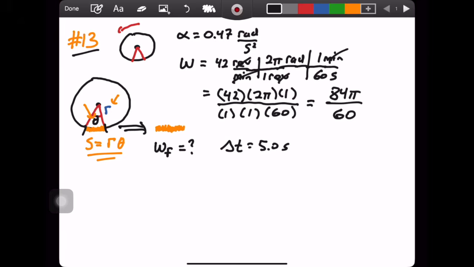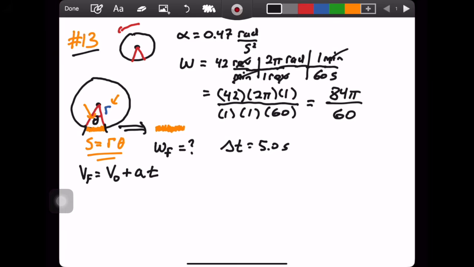Well, with the linear case, we know that if we have a constant acceleration and we're interested in what our final velocity is going to be, then we use the kinematic equation v final is equal to v initial plus the acceleration, which is constant, multiplied by t.